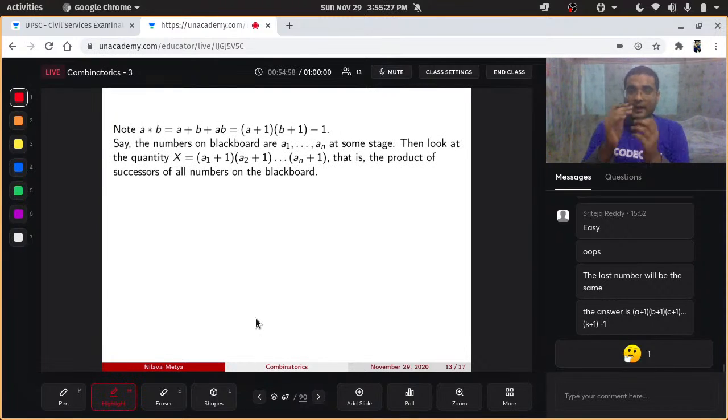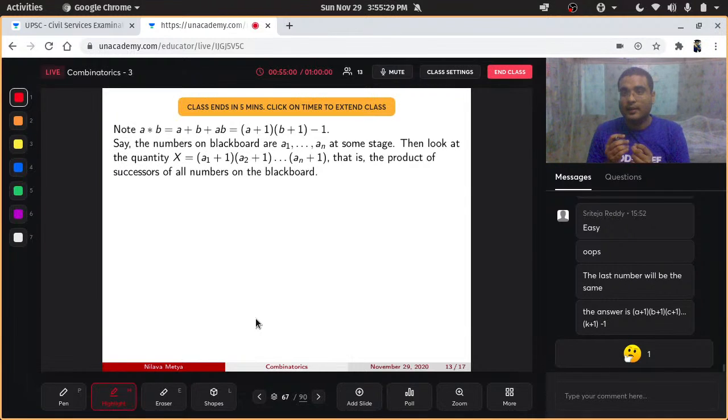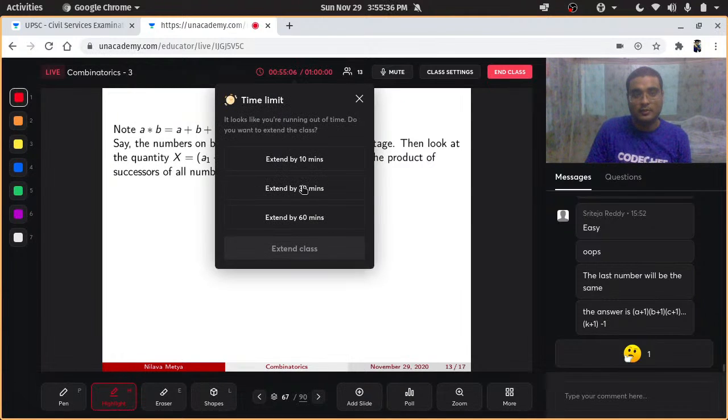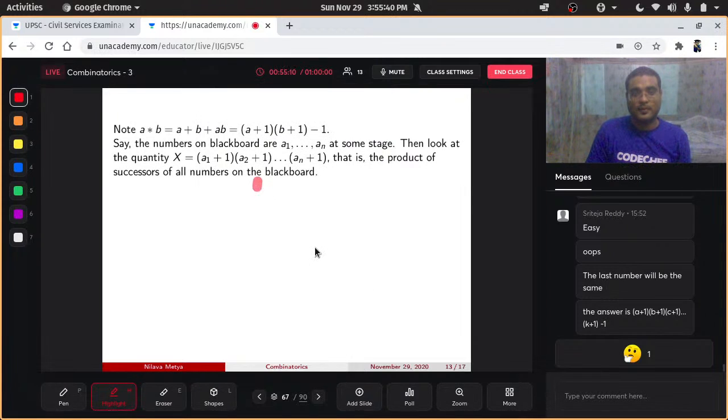Now, maybe at some stage you find that your numbers on the blackboard are A1 through AN. I don't care what A1 through AN is. I'm just saying that maybe it is A1 through AN at some stage.